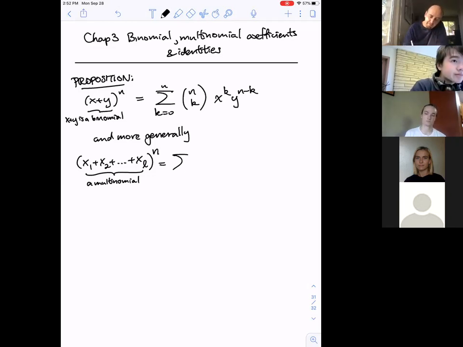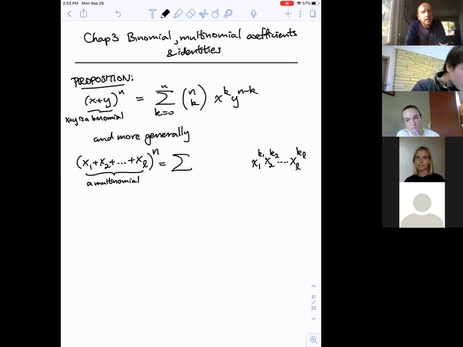And the point is, again, it's going to be a sum of x1 to various powers, x2 to various powers. These monomials have the variables raised to various powers, k1, k2 up through kL. They're non-negative powers, right? When I expand it out, I'm just going to get non-negative powers of x1, x2, through xL. But again, if I think of each of those variables as being a degree 1 thing, this whole sum is of degree 1.